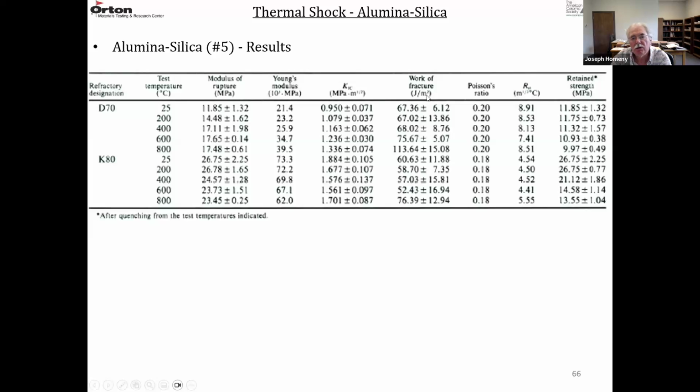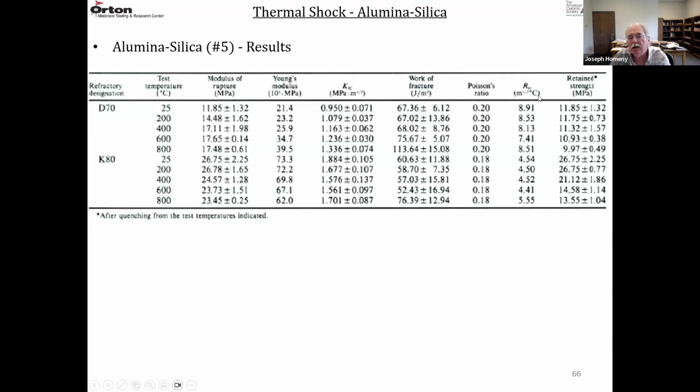The work of fracture in joules per square meter starts at about 67, goes up to about 113. So this increases with temperature. This one starts to decrease slightly and then increase. So there's some plastic deformation here giving rise to the higher work of fracture values at 800 degrees C. Poisson's ratio 0.2 and 0.18.